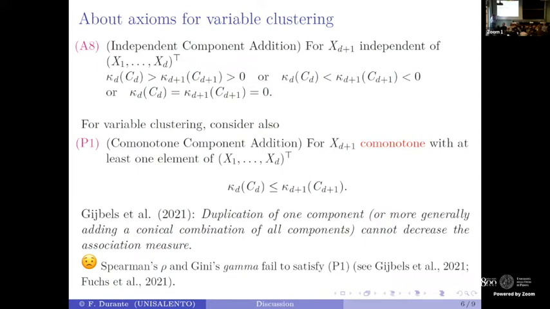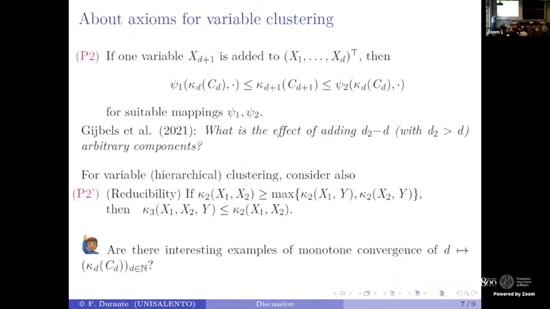The problem is that in general, this property is not easy peasy because you have many cases where it fails in practice. And this is the case of some Spearman's extension, some Gini's gamma extension, and so on, as was shown both in the case of association measures and in the case of dissimilarity measures that you apply.